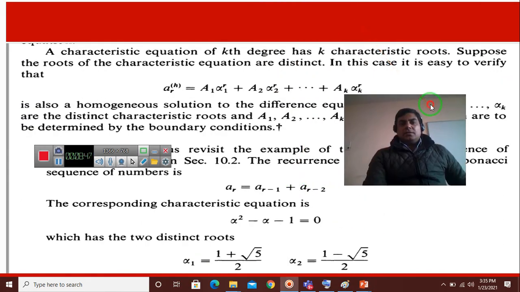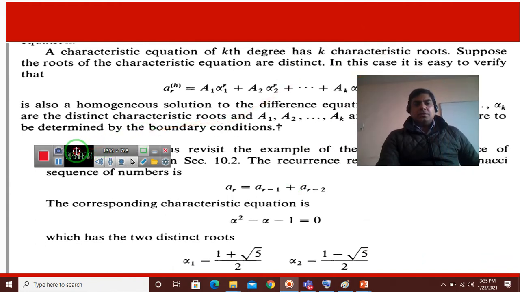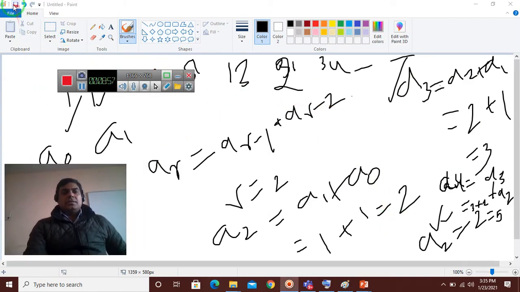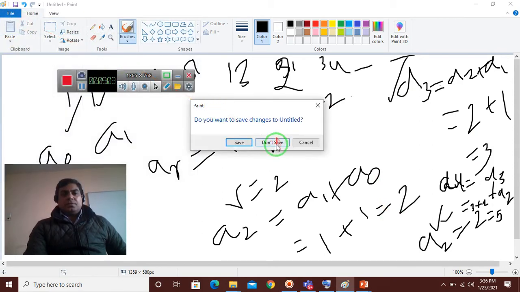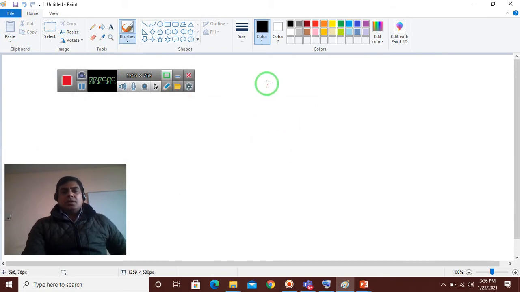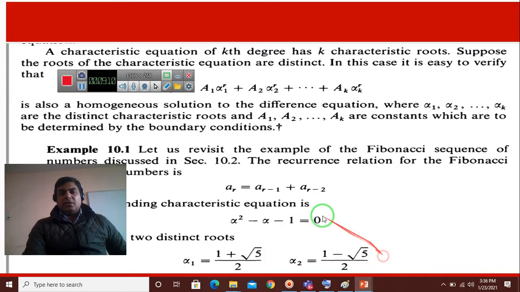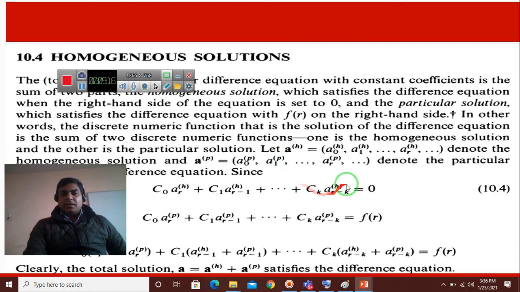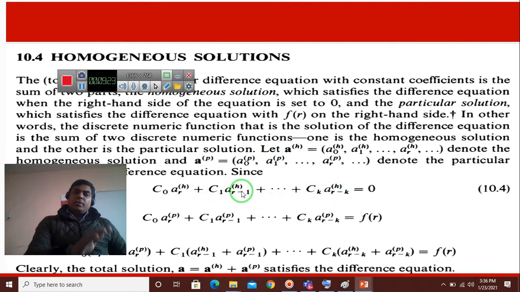So the very simple thing is that, suppose we have an equation which has 2 roots. Actually, from the recurrence you can understand that all the numeric function terms, a_r, a_(r-1), a_(r-k), should always lie in the left hand side.